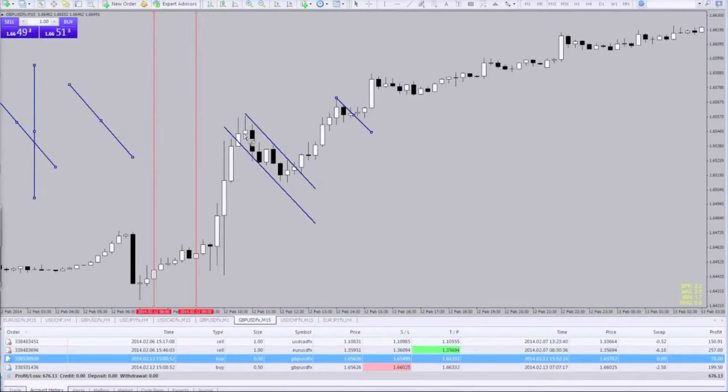All right? And if you look at the length of the flag pole, and if you look at the width of the channel is only 10 pips, and if the flag pole is 60, even if you enter here and put your stop in the flag itself, you're still looking at a risk-reward of 3 or 4 or 5 to 1.